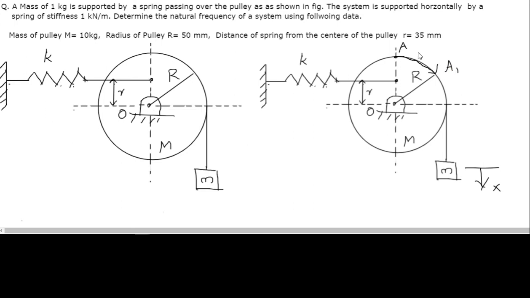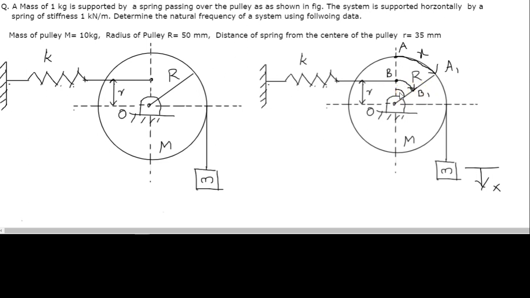Let's call that point A1, and that also will be x, the same distance. And accordingly, the spring will be elongated in the circumferential direction, and if I call it B, then that will move to B1.